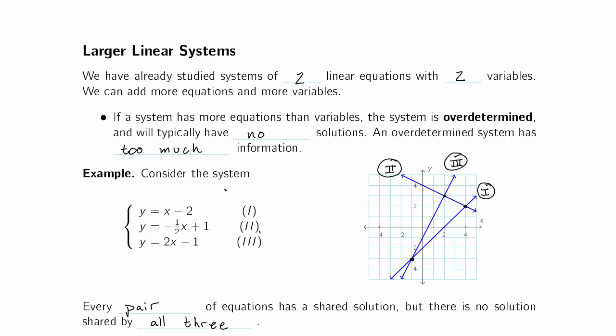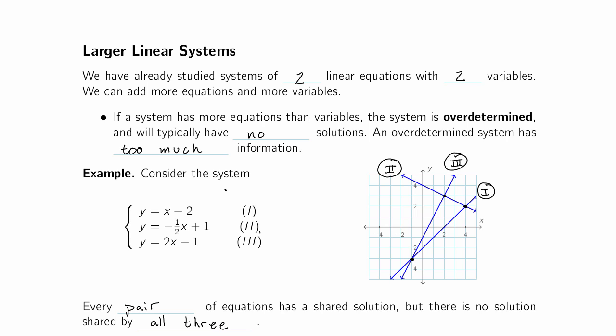If we just draw three random lines, they're not going to all meet at a point. Occasionally we'll get very lucky, and they will all have a point in common, but typically, three lines just won't meet. So, an overdetermined system will typically have no solution.